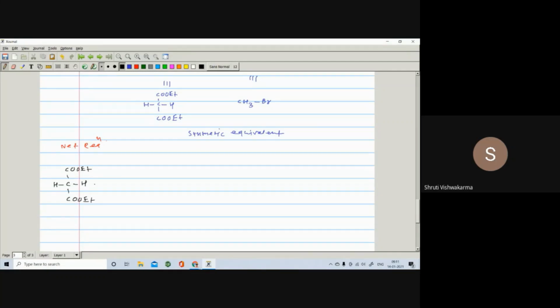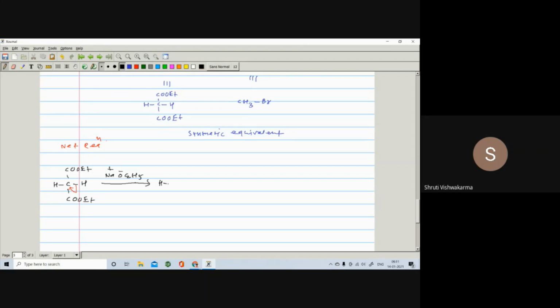The reaction takes place in the presence of base. Base is sodium ethoxide, C2H5ONa. Here this CH2 is directly attached to the two strong electron withdrawing groups, so it makes this hydrogen more acidic. So this sigma bond will open on this carbon, C becomes negative, H becomes positive. There is a formation of a carbanion.